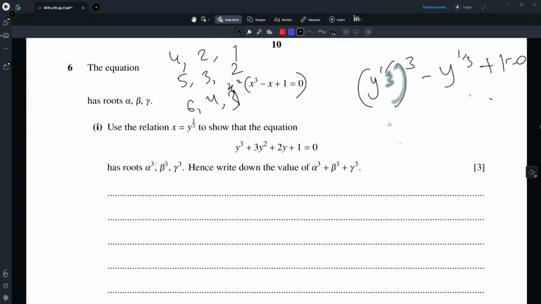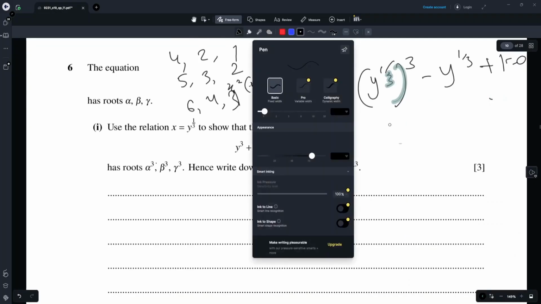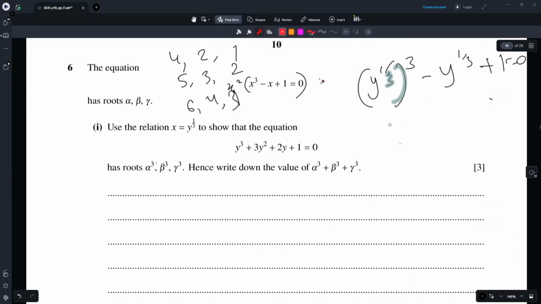What you really want to do is take at least something to the other side. So let's say you take x cubed equals to x minus 1.